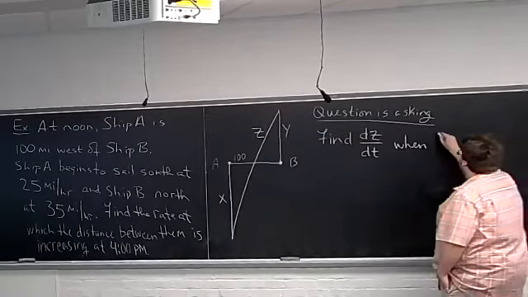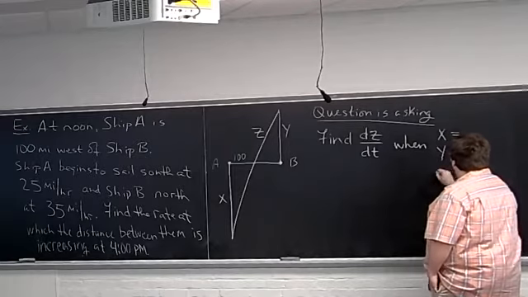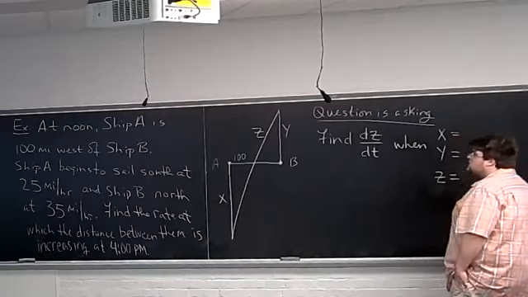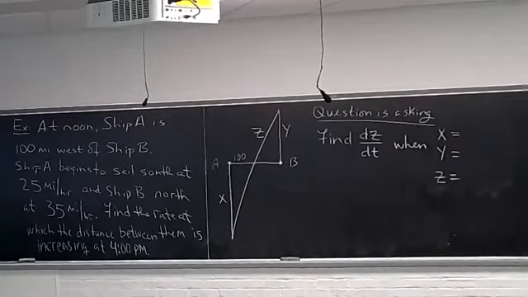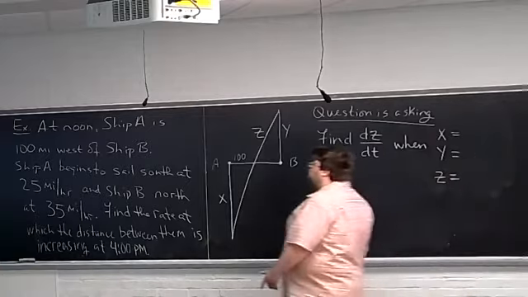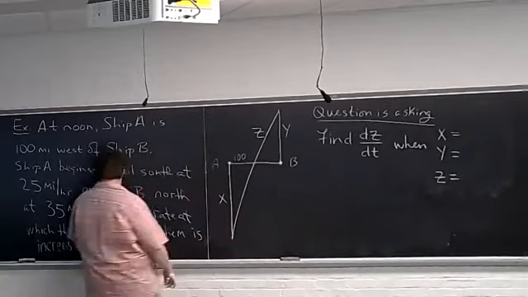Let's see. So I'll write it like that. We'll have an X value, a Y value, and a Z value. What are our X, Y, and Z? Well, at 4 p.m., 4 hours have passed. Let's find X first.